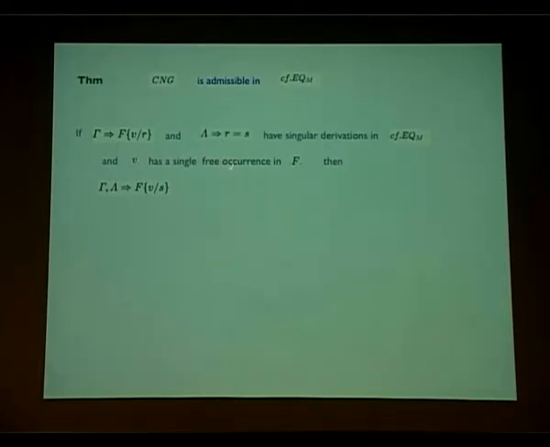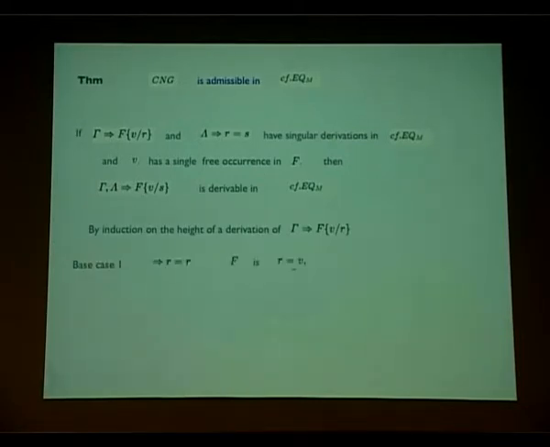And you have to prove that if this and that, the premises of the two-premise congruence rule, are both derivable, then the conclusion is derivable in the cut-free part of the theorem. This goes again by induction.